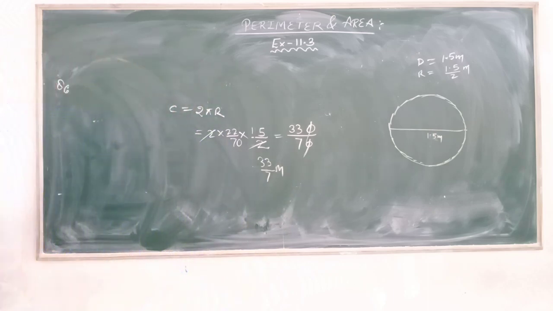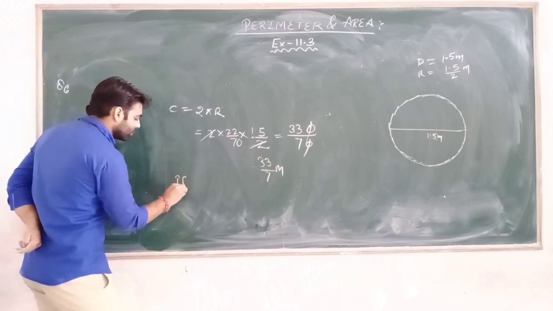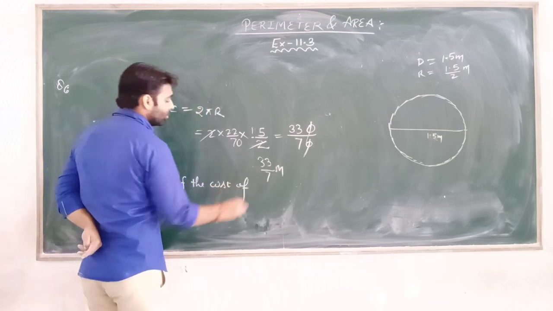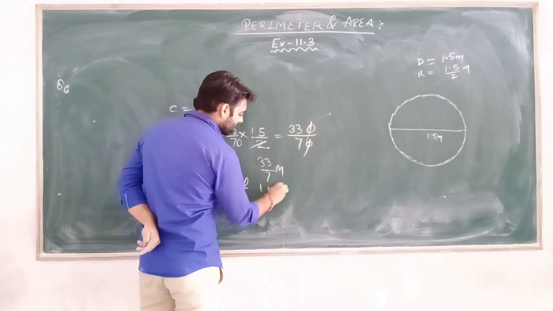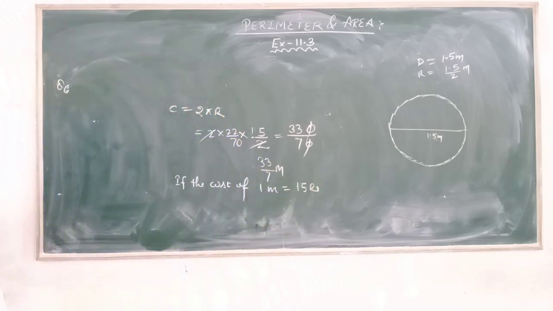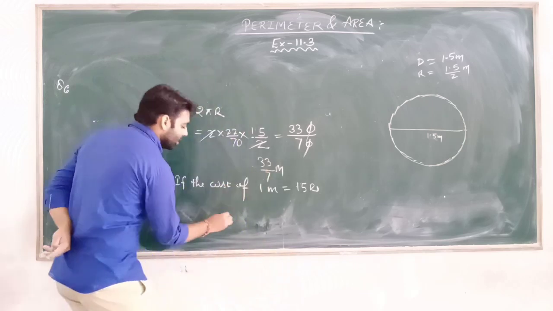Cost of 1 meter is equal to 15 rupees. Find the total cost. If the cost of 1 meter is equal to 15 rupees, we have to find the value of this.